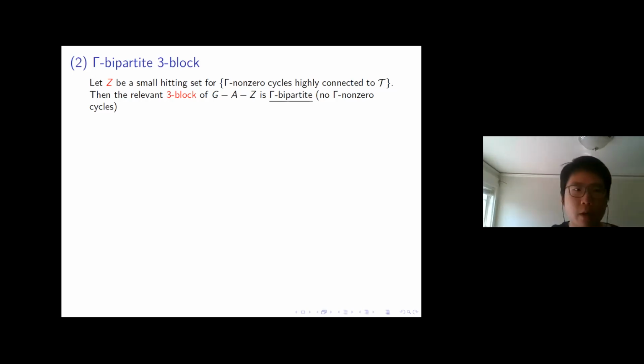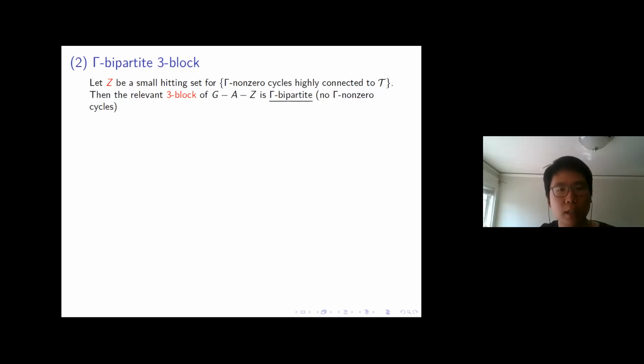This is really where most of the headache comes from with this proof, because when we look at the 3-block... The main difference between the directed model of group labeling and the undirected model is that in the directed model, if you know that you have no non-zero cycles, then you can always do these shifting operations to make all the edges equal to 0. You don't need any connectivity assumptions. But in the undirected model, you actually need 3-connectivity to conclude the same thing.